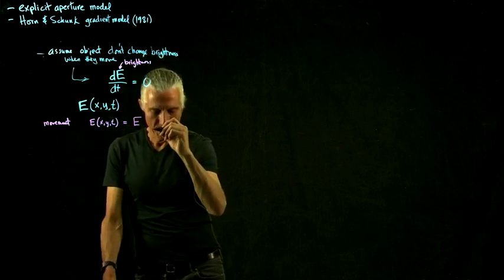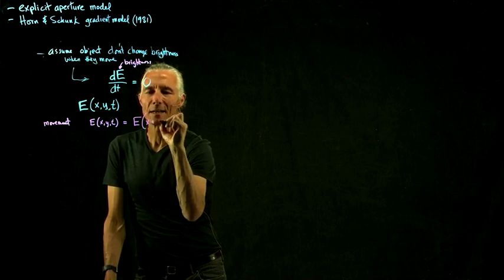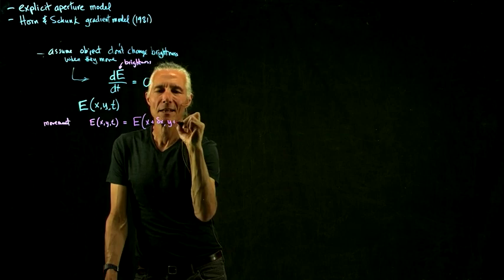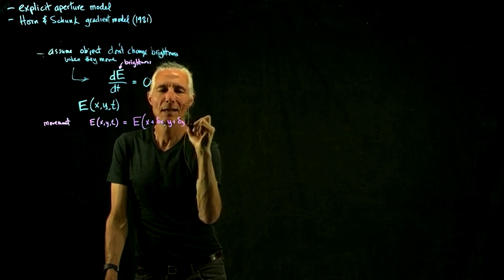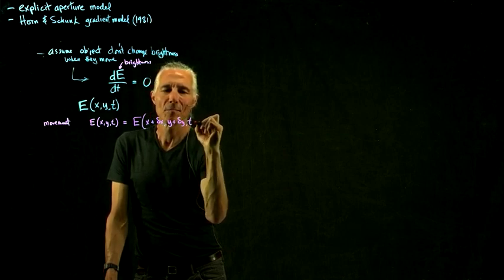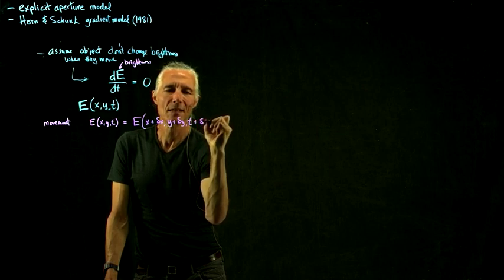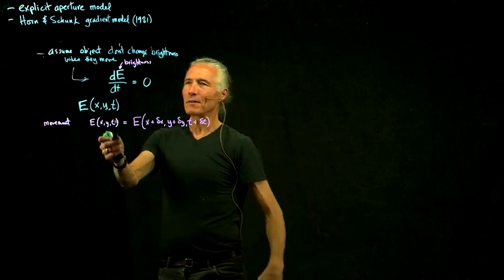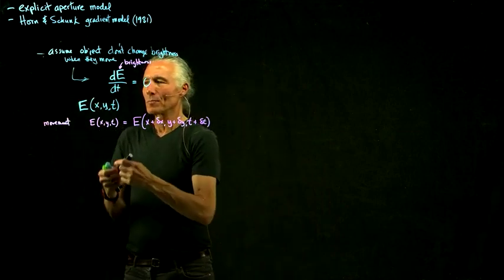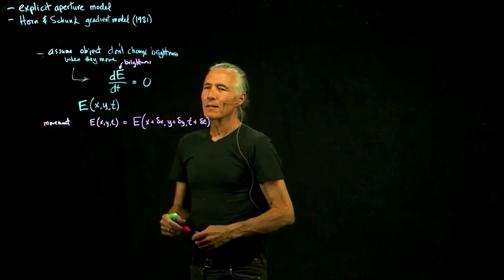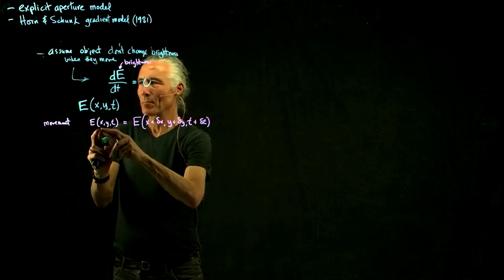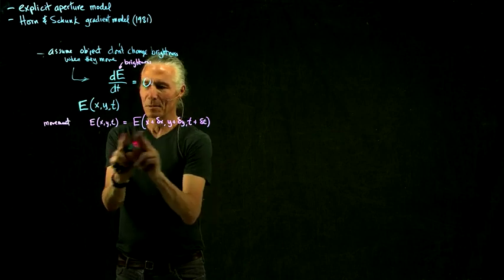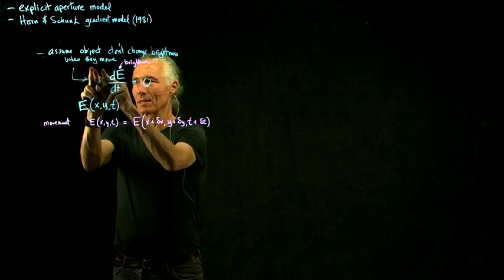So here's a small movement: add a little bit of x, add a little bit of y, add a little bit of t. Then here's our assumption: it doesn't change. Here was a previous point in time and space, here's a new point in time and space, and they're supposed to be the same because we assume it didn't change brightness.